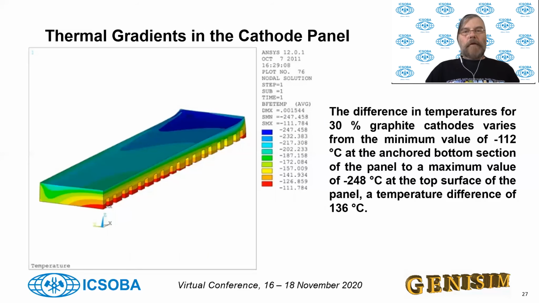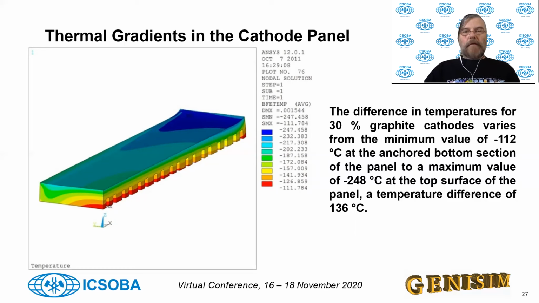So this is the gradient I'm going to get for the 30% graphitic cathode block. So now I'm subtracting the current temperature after some time of cooling. From that temperature, I'm subtracting the operating temperature, so I'm getting a negative number. And now I'm getting a different gradient because the operating temperature was not uniform.